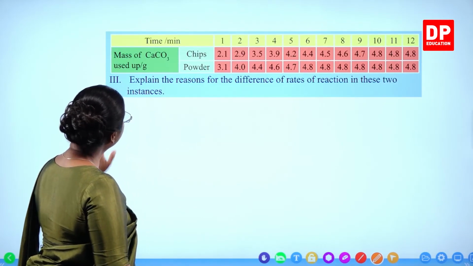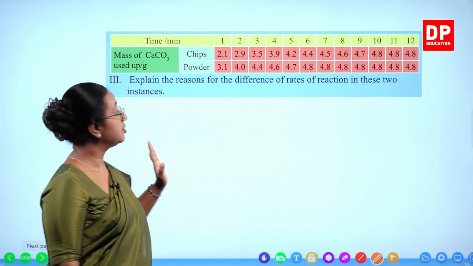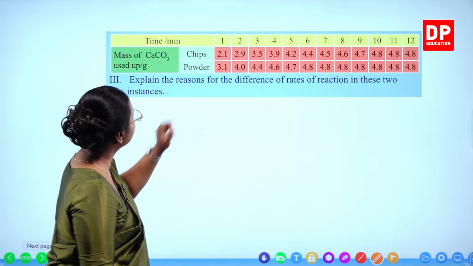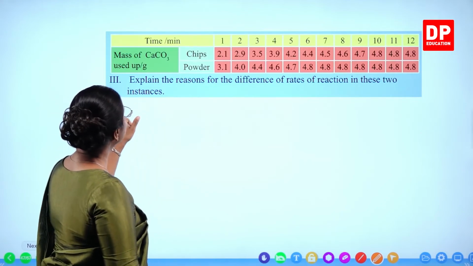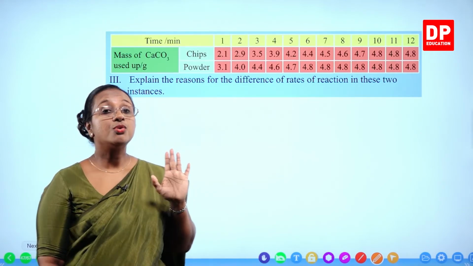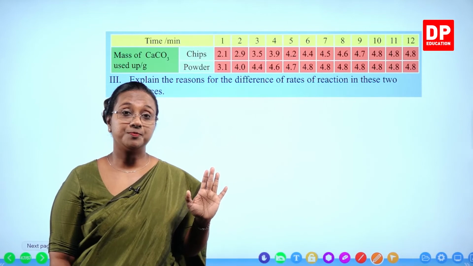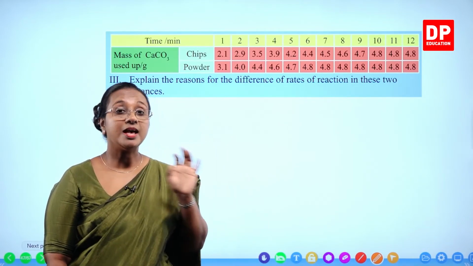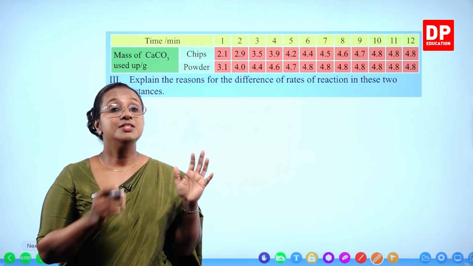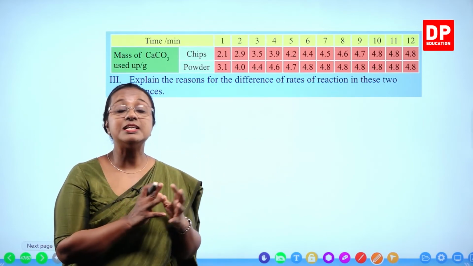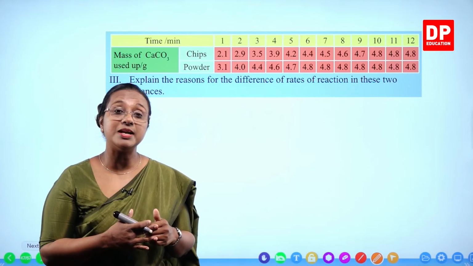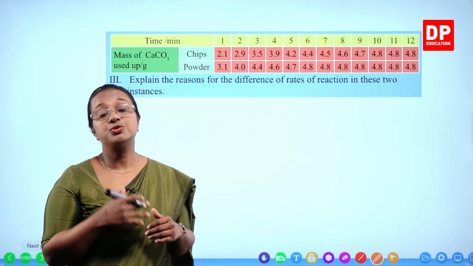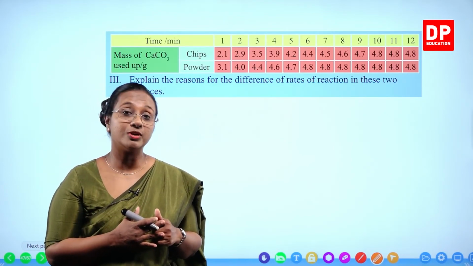That is the third part. Again, here the table is given to you all students. Explain the reasons for the difference of rates of reaction in these two instances. So how will you explain it? When you have chips and when you have powder. Chips have only a certain number of reactant particles, that is calcium carbonate particles, exposed to or in contact with hydrochloric acid.